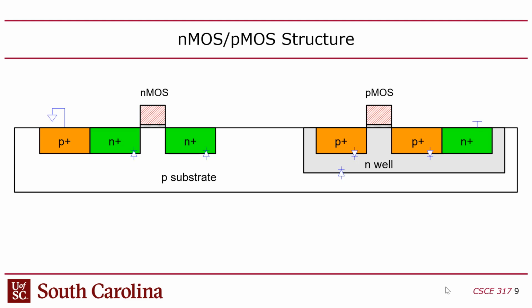The difference there is, remember, when you create your diffusion areas, you can dope with different levels. The more doping you add, the more atoms in the silicon lattice you're replacing with the dopant atoms. And you also make the silicon more conductive because you're adding more majority charge carriers when you do that.